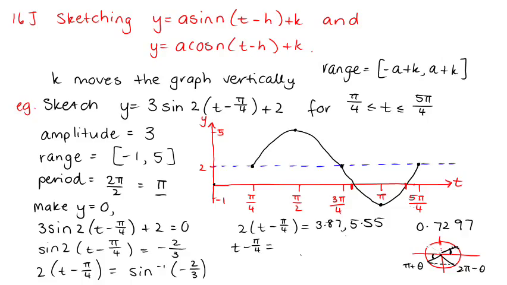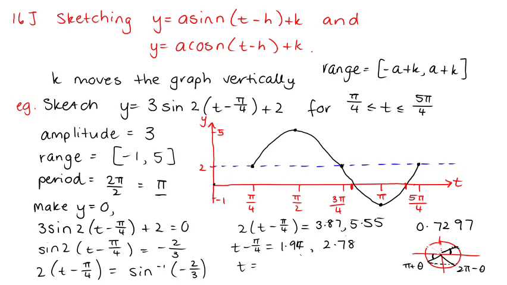Right, so on the calculator, do your 3.87 divided by 2, 1.94, and 5.55 divided by 2. Make sure you use your unrounded answers, not just 5.55, because it'll make it a little bit out. 2.78. And then all you got to do is add pi on 4 to both.